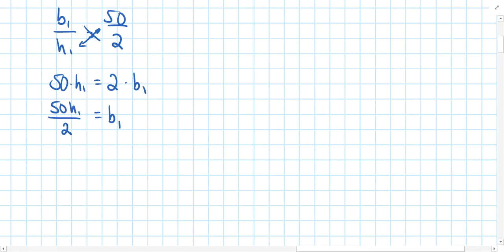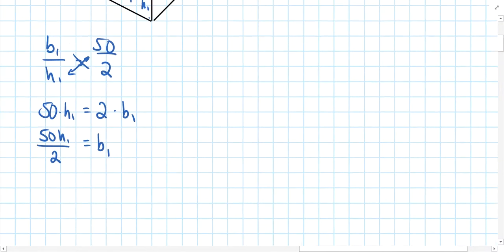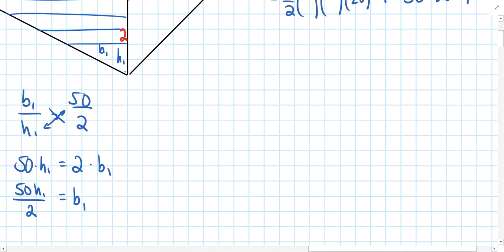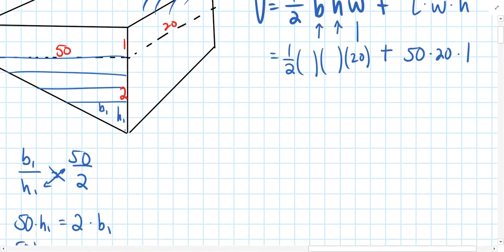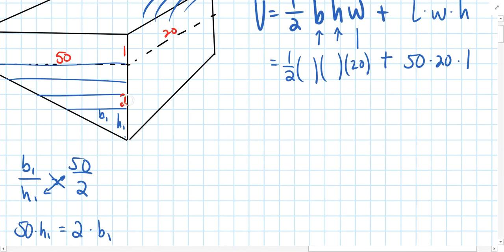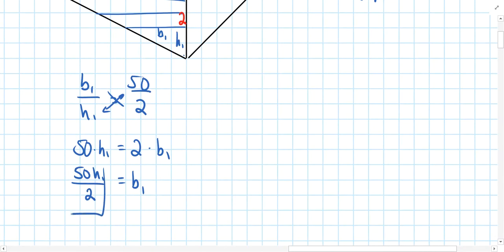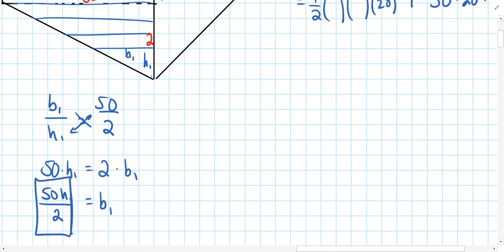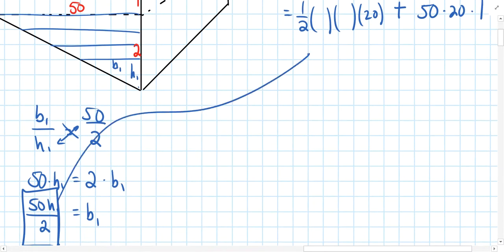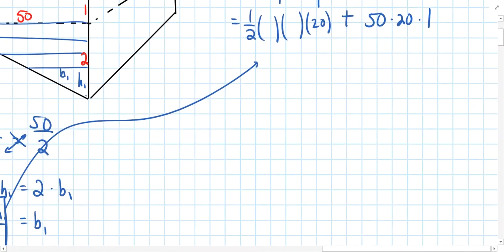And I do it that way, I solve for b so that I can replace the letter b with some sort of formula involving h. Now I used b1 and h1 here to differentiate between the base and the height of the original rectangle, but as we substitute this component into the equation up here, we don't really need that subscript of h1 anymore.